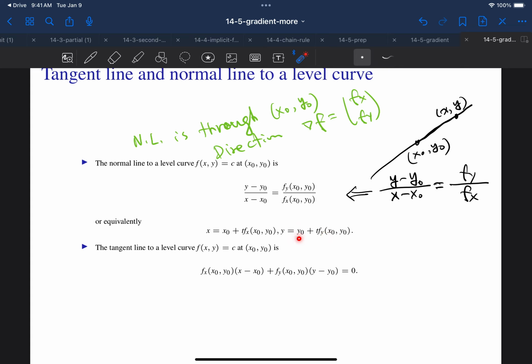So y0 is the current position of y plus t times the speed in y. This is t times the speed in x. That gives the parametric form of the equation.